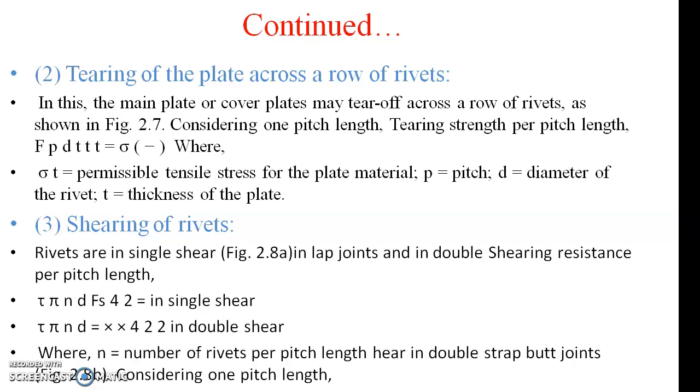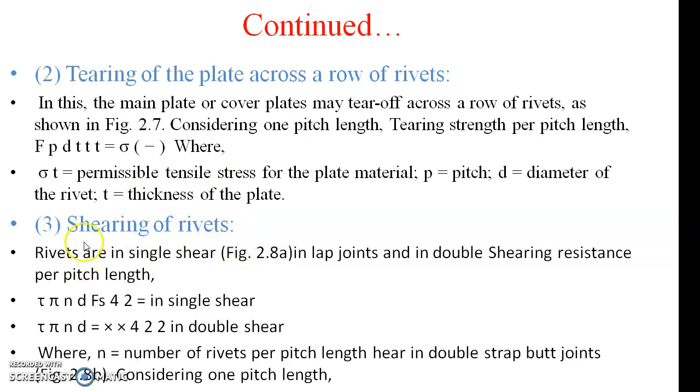Considering one pitch length, the tearing area per pitch length is equal to (P minus D) into T. So the tearing resistance is (P minus D) into T into sigma T, where sigma T is the permissible tensile stress for the plate material, P is the pitch, D is the diameter of the rivet, and T is the thickness of the plate.